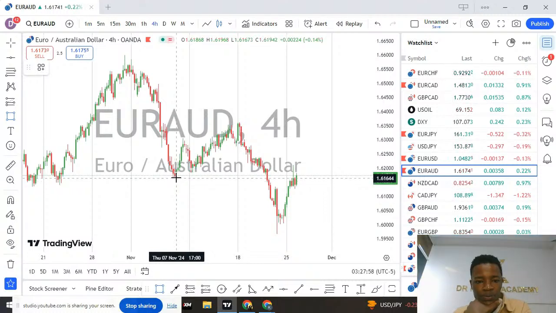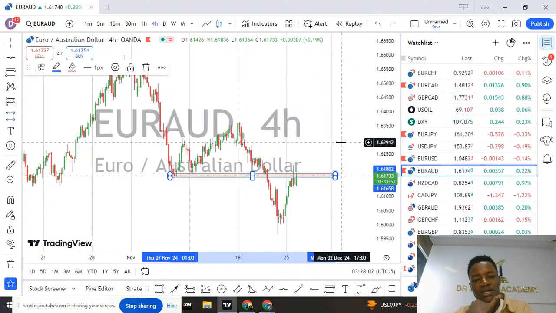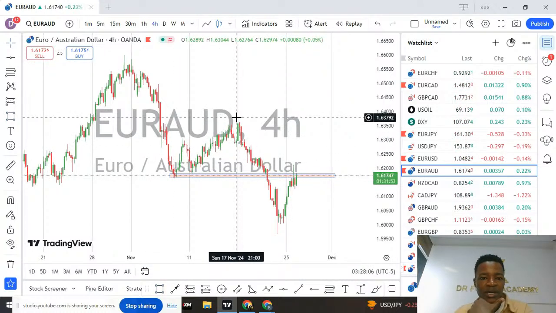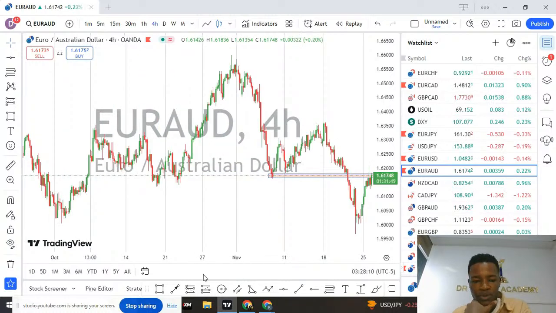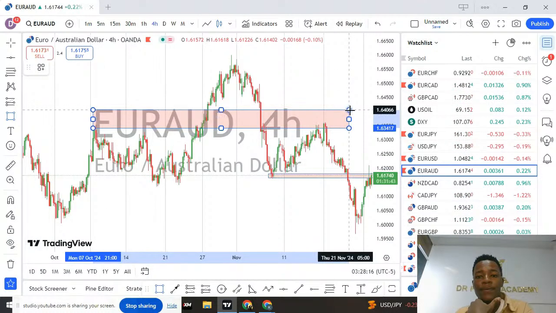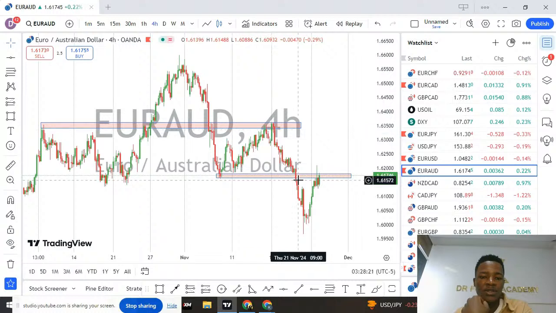So we have this area, break of structure, and then retest. This is the low, this is the high. We took these entries here because of the inverse head and shoulders. The market broke the structure low, and now we are looking here.